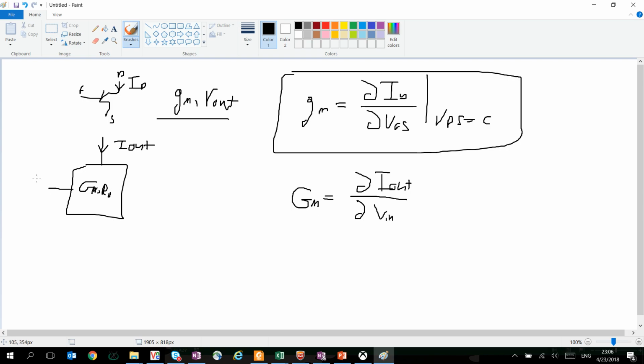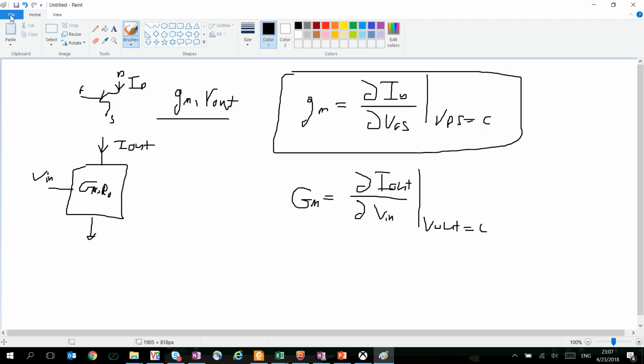So V in would go probably like here, and we would have some reference to the ground. So this would be similar to the source of the transistor. So it's a very similar model. It's just we don't really know what's in the box, where here we know it's a transistor. So we're missing here that V out is constant. So these two equations are very similar.